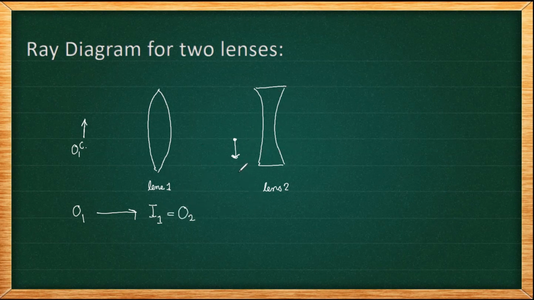And now you forget about lens 1. Focus on the lens 2. This time you have an object 2 here, and from that object 2 you find the final image or the image 2. So basically that is just how we do it. The image of the first lens will become the object of the second lens. And if you have 2, 3, or more lenses, you just do that series. Okay?